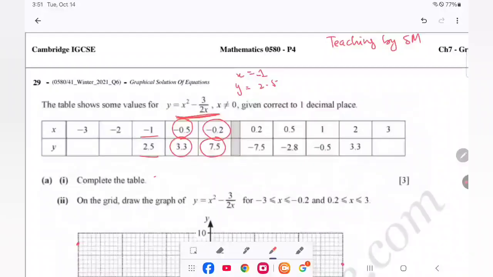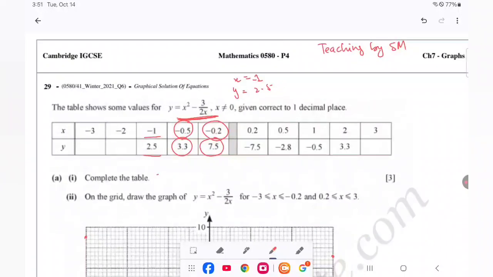Similarly, we have to calculate the y value if x equals -3. Put x equals -3 in this equation: x squared is (-3) squared minus 3 over 2 times -3. Simplified further, it will give you the value of 9.5.